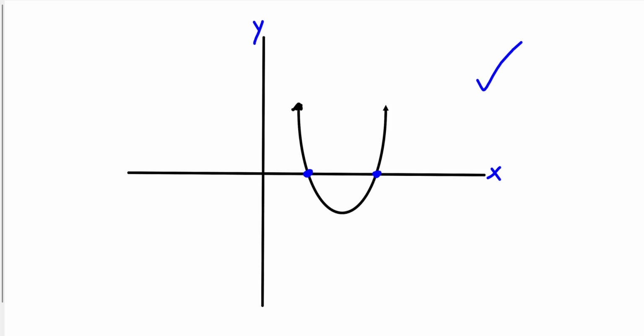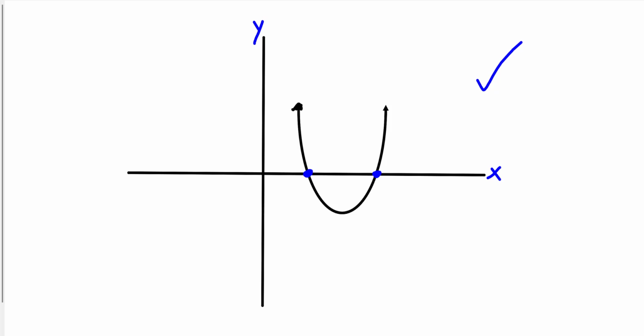I don't know if the poll's working or not. Did I do it? Is it there? I have no idea. All right. Perfect. So less than half have responded.